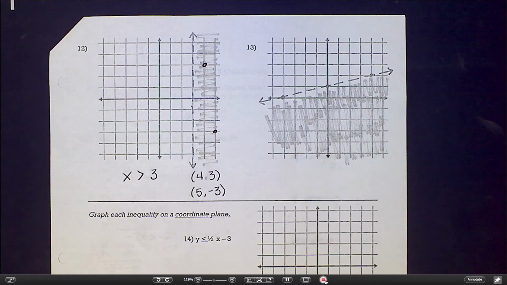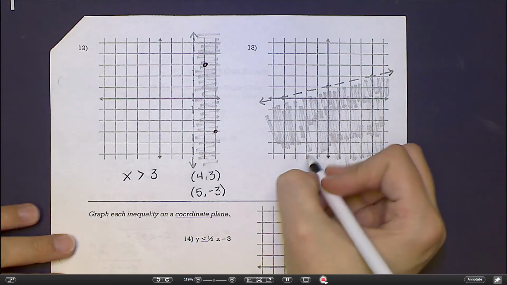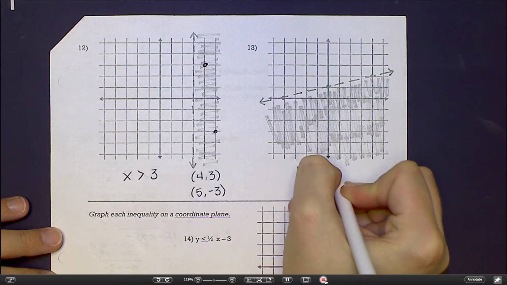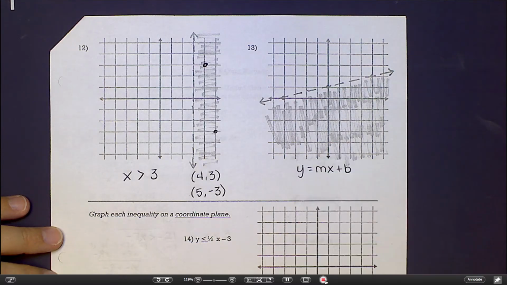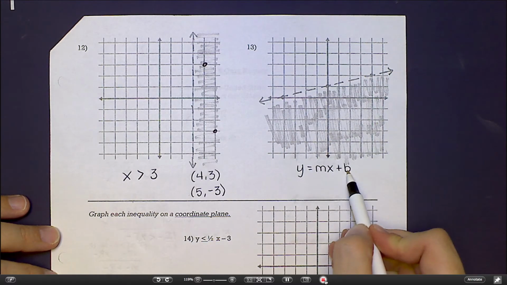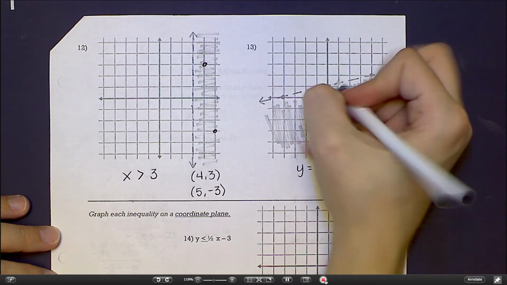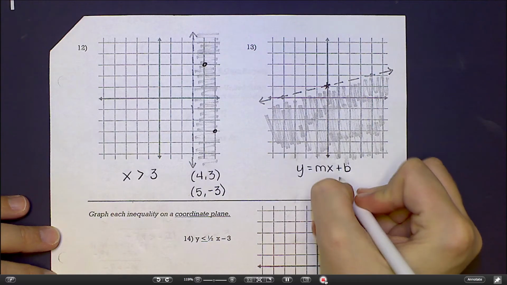Okay, and number 13, again, I'm going to start with y equals mx plus b as just sort of a guide. Starting with the b value is the y-intercept, so that's at y equals 1 right here. That's +1.